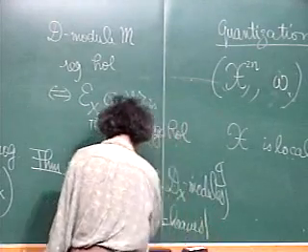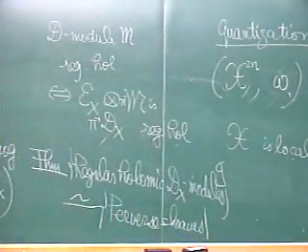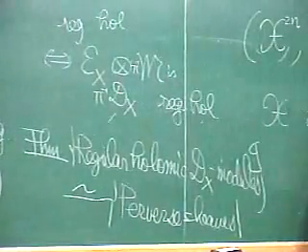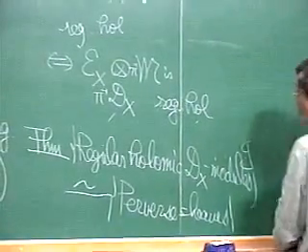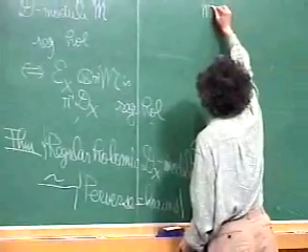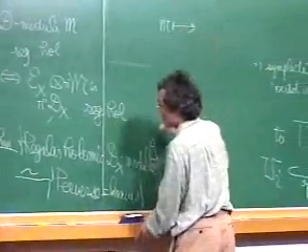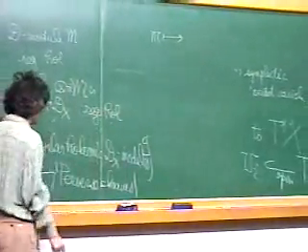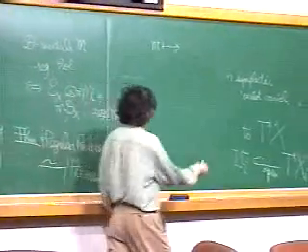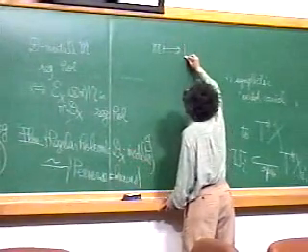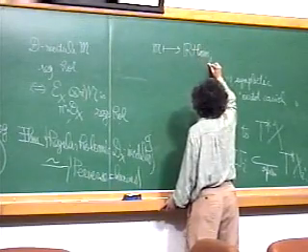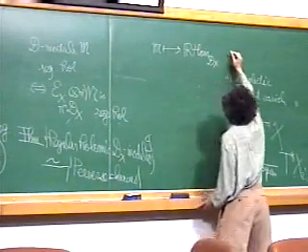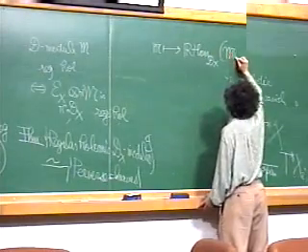I will not go to the definition of perverse sheaves, but I'll tell only the correspondence. So to M, a regular holonomic DX module, you associate, in a contravariant form, but we can do covariant form also, Hom_DX(M, OX).